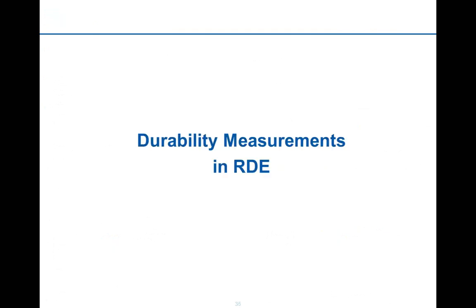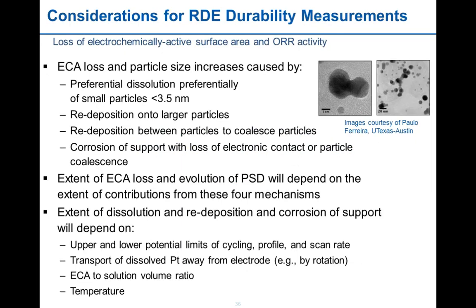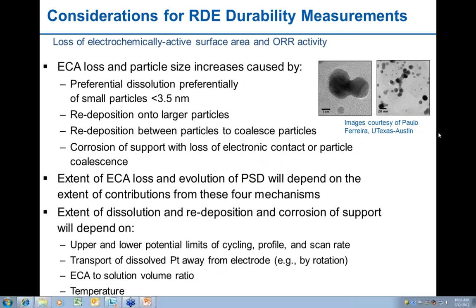So when I'm talking about durability, what I mean is the ability of a catalyst to maintain its electrochemically active surface area, which I've abbreviated as ECA, and its oxygen reduction activity with potential cycling protocols.